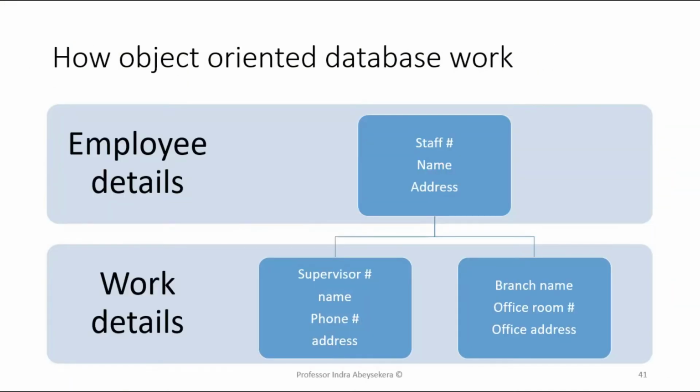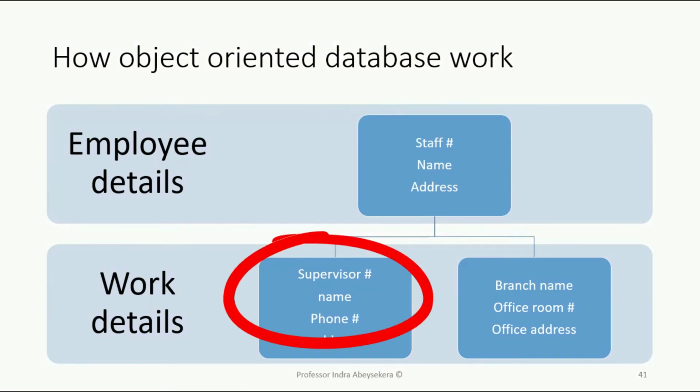For example, in an object-oriented database at a workplace, you could have employee details. In that object called employee, there's their staff number, name and address, and then the employee has a relationship with the supervisor, and there's an object called supervisor.